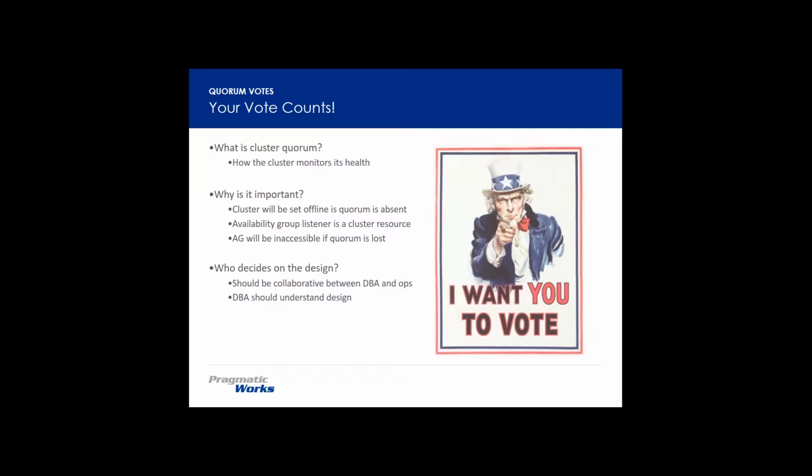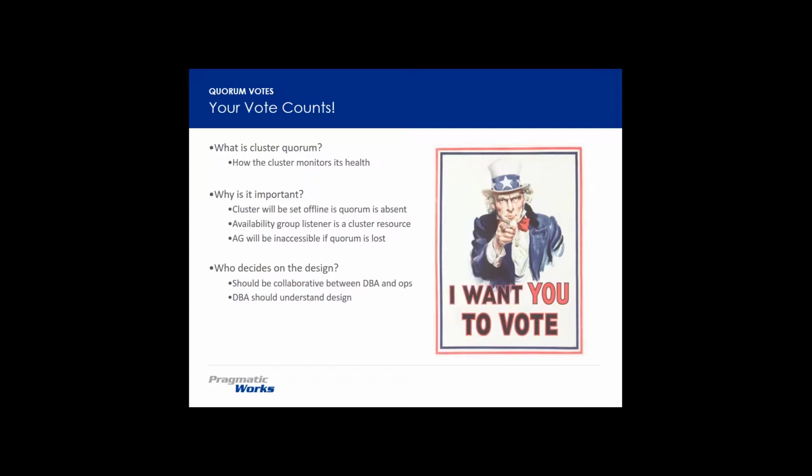Just a quick review if you don't know. Cluster quorum is how the cluster monitors its health. Put simply, it's a heartbeat that it gets from every node that is a part of it. It's how it checks its resources. Generally, and we'll go over some more specific modes in the next slide, if a majority of the resources of the cluster are answering back and saying, yes, I'm here and I'm able to service things, the cluster will stay up.